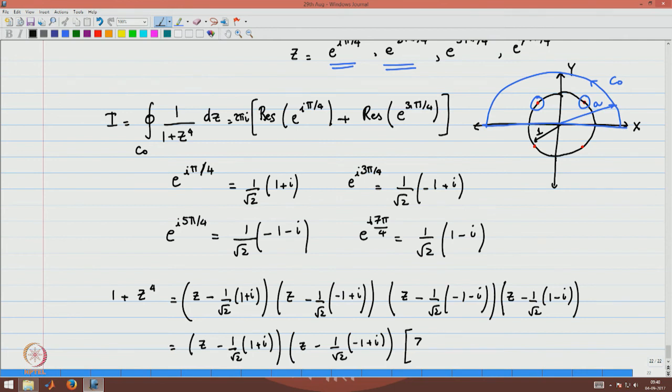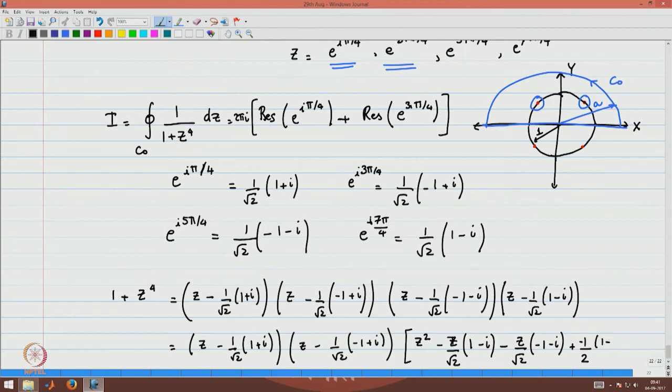If you multiply this out, you will get the following. You will get z squared, and then minus z by root 2 times (1 minus i), minus z by root 2 times (minus 1 minus i), plus 1 by 2, and you have minus (1 plus i) times (1 minus i).